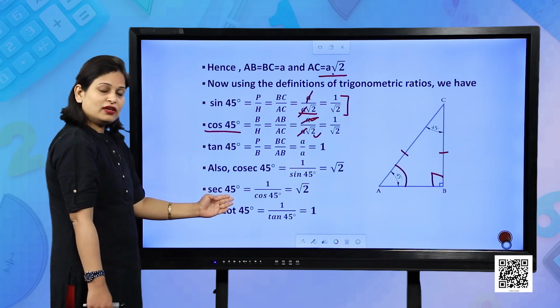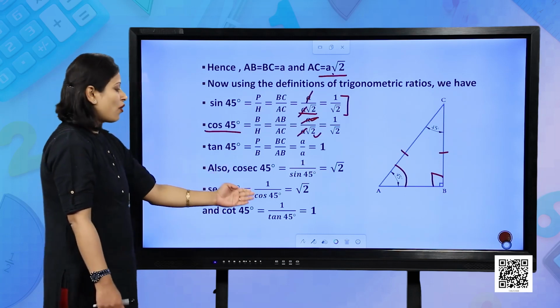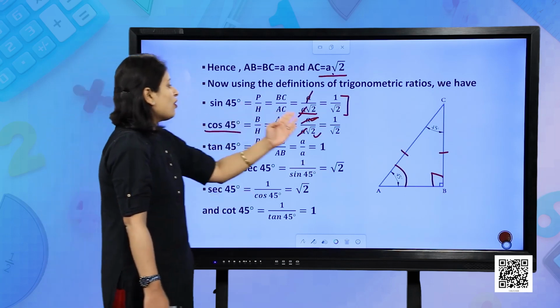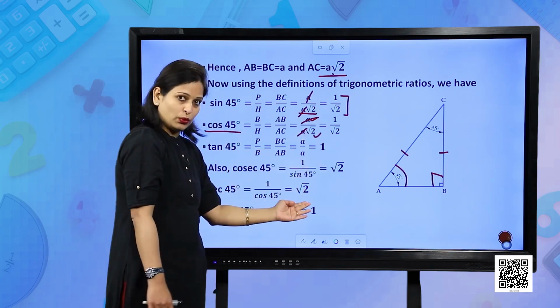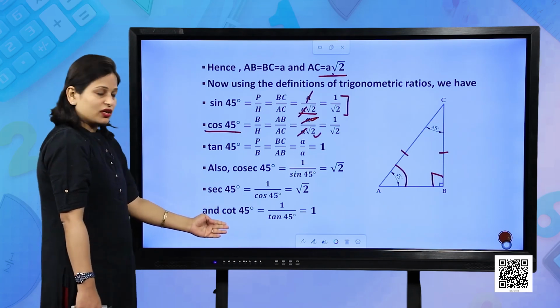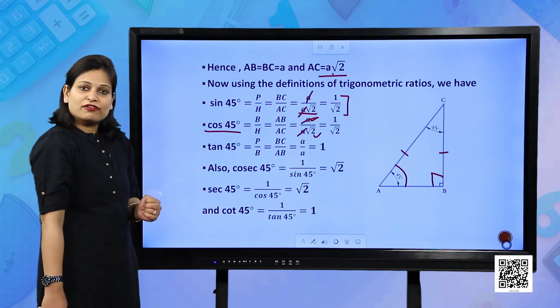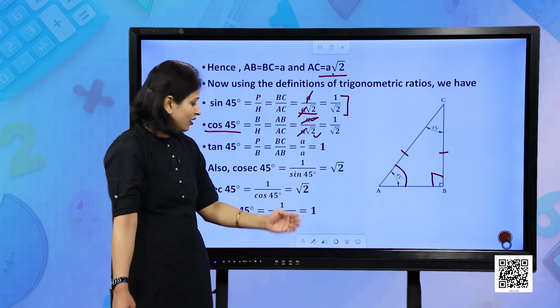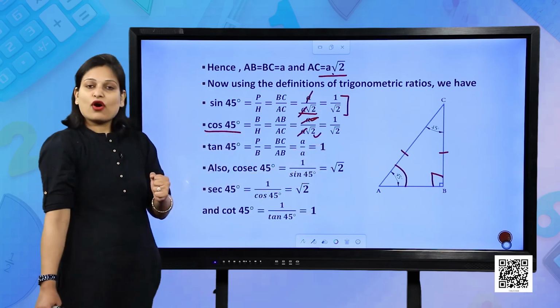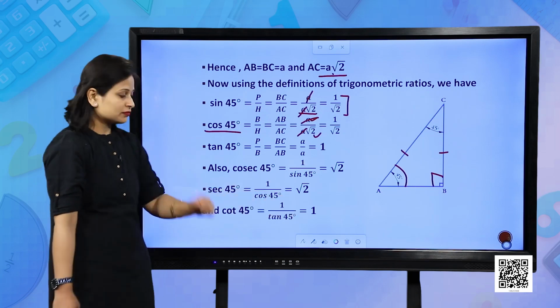For secant function, it is the reciprocal of cos function. Here value of cos function is 1 upon root 2, so reciprocal will be root 2. Cot function, reciprocal of tan function. Reciprocal of 1 is always 1, so you will get the value of cot function as 1.